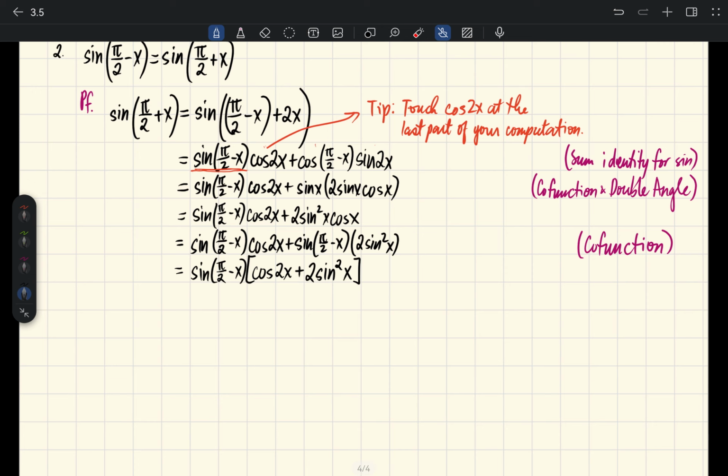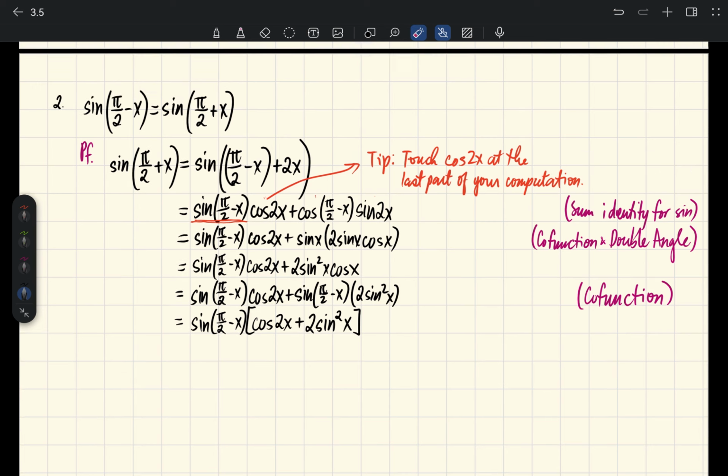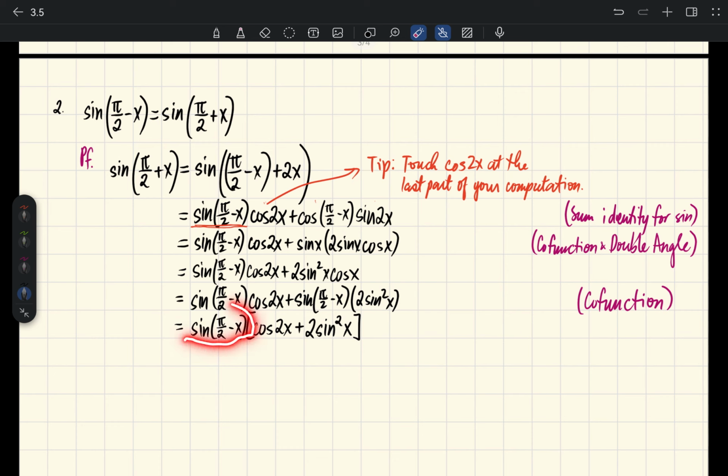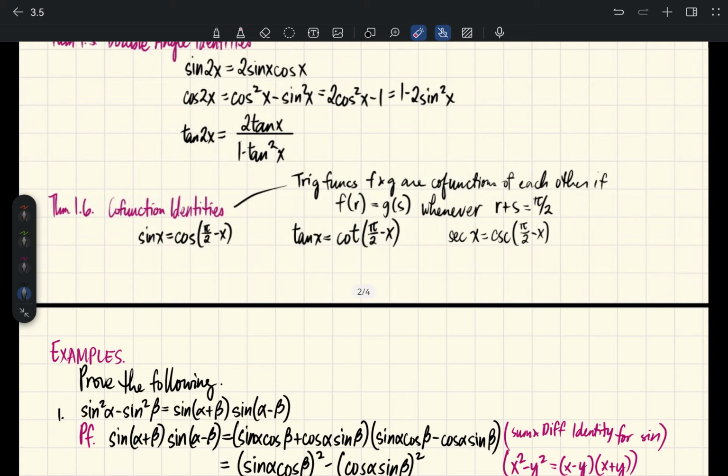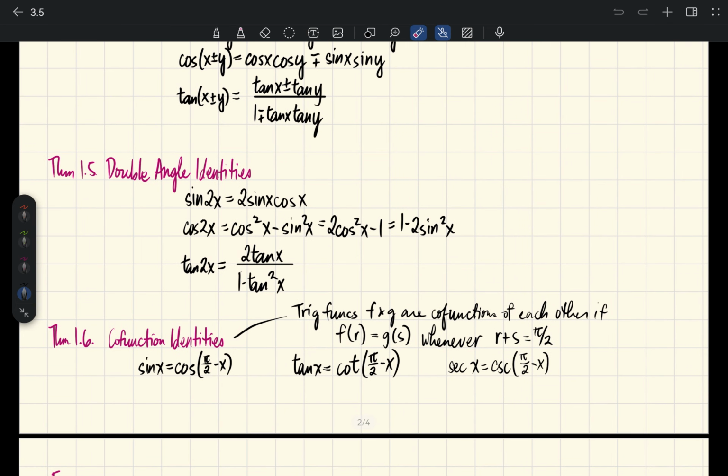And we're almost done. Observe, you already have sine of pi over 2 minus x here. So if these two are equal, we should be able to show that this one is just equal to 1. So how do we do that? Take note, you have 2 sine squared x here. And for cosine 2x, we have the third form right here, which has a negative 2 sine squared x.